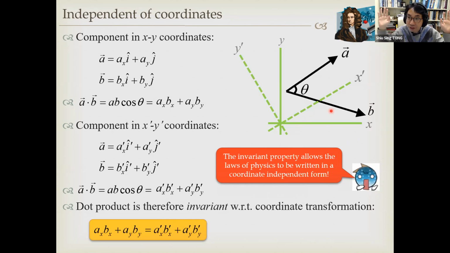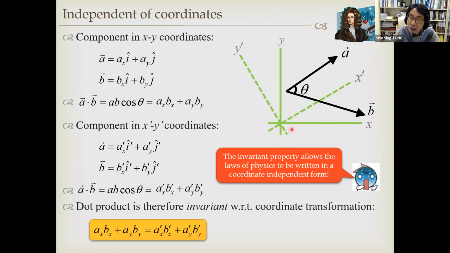It would not affect the physics we learned, right? So in a new coordinate system, I can equally resolve the vectors A and B into their components, and I get Ax prime, Ay prime, Bx prime, and By prime. They are respectively the components of the vectors A and B. And I also get the new basis vectors, i prime and j prime, in this coordinate system.